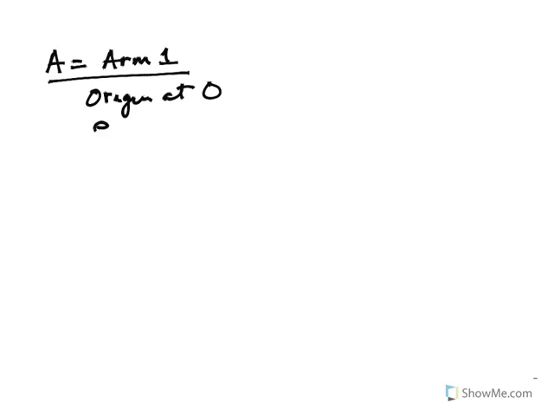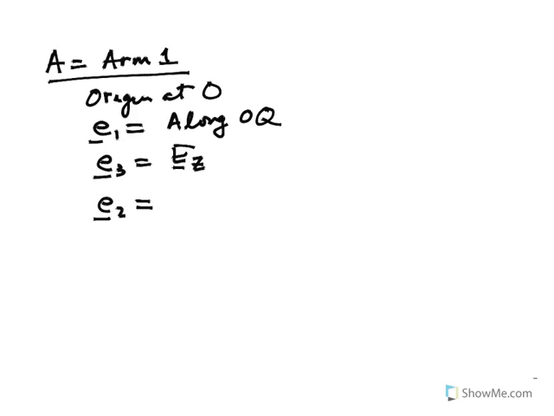But I'm going to say E1 is going to be along OQ. And E3 is going to equal EZ. And then E2 is going to equal E3 crossed with E1.